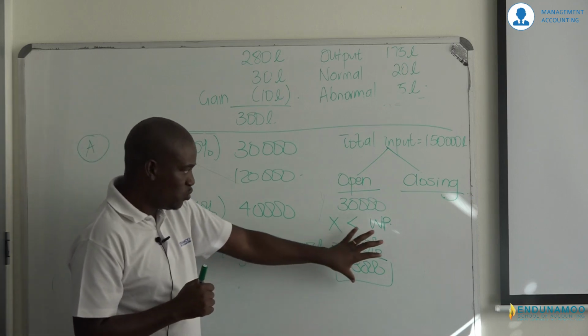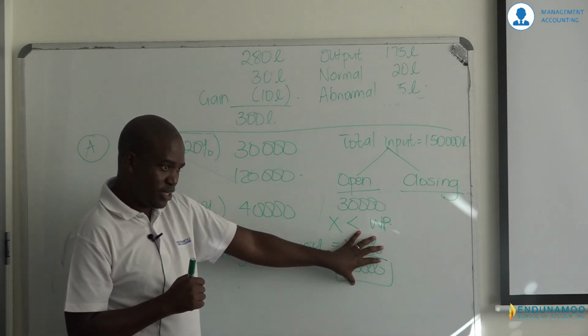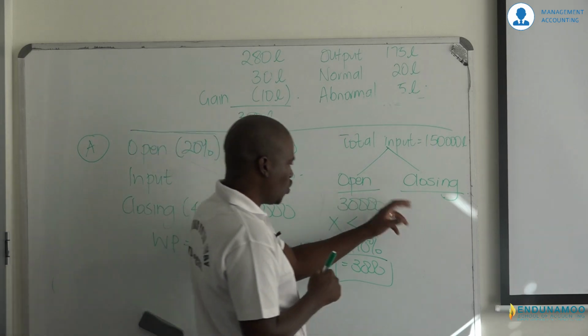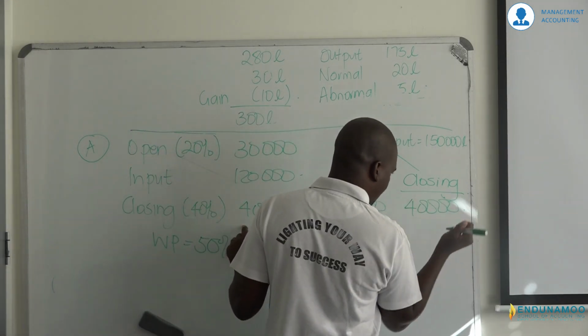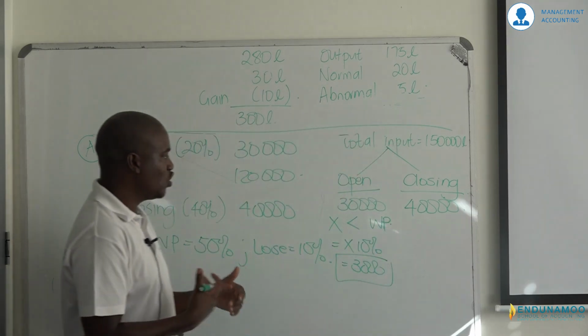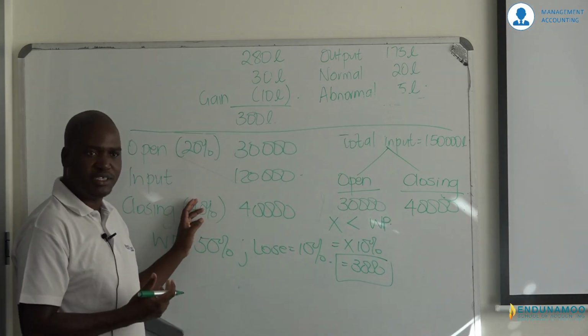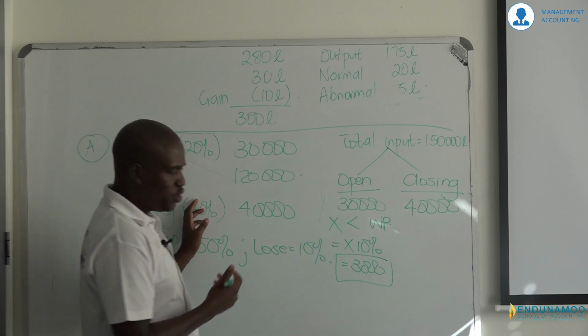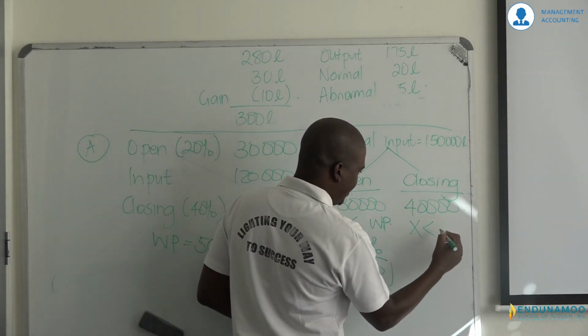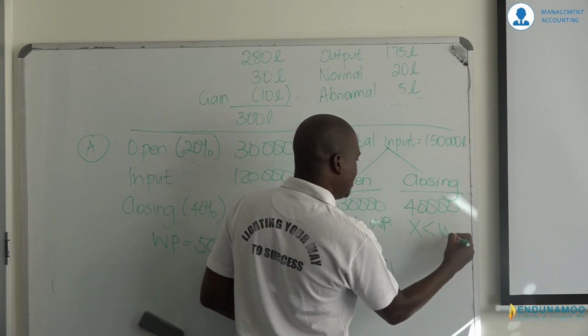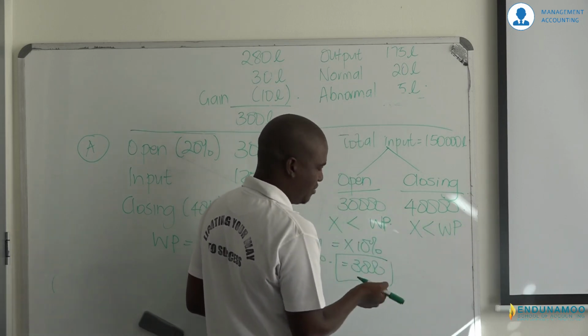So it is subject to wastage altogether. Then they say that closing is 40 altogether. Then they ask, has closing reached the wastage point? No. So closing is less than the wastage point altogether.